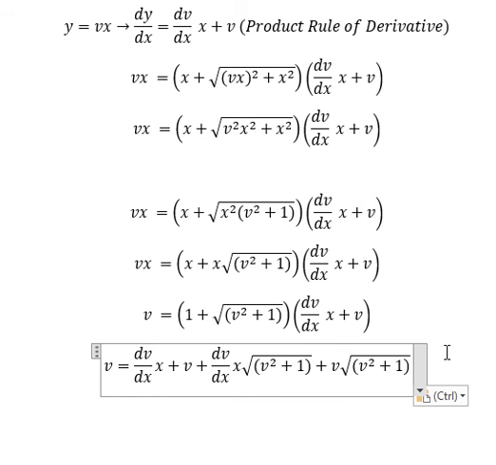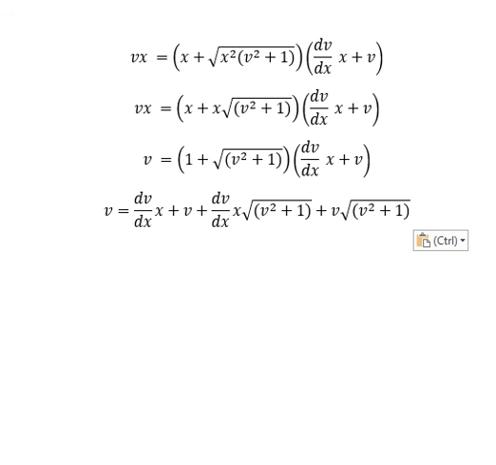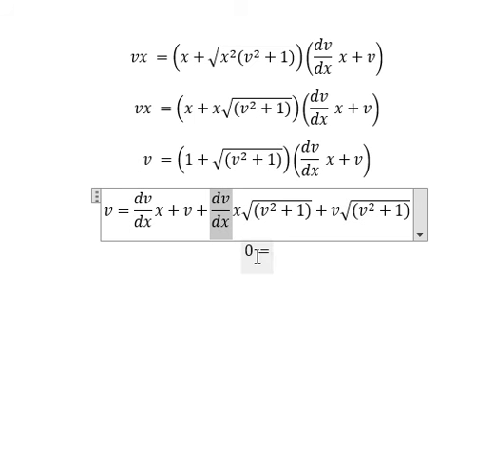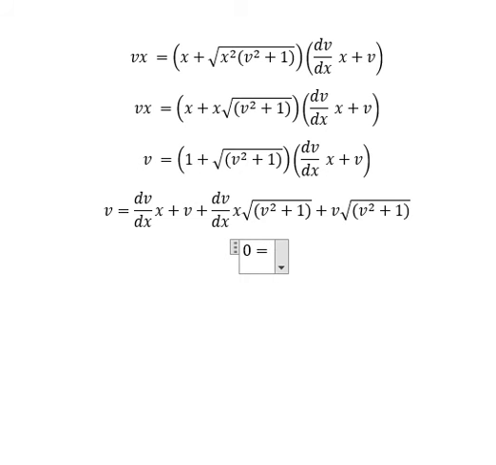Similar for the last one. Next, v and v, that will simplify. So we have number 0 on the left. dv over dx with dv over dx in here, we can do factorization.